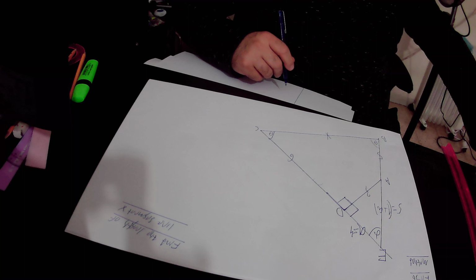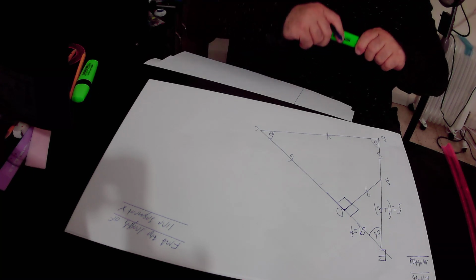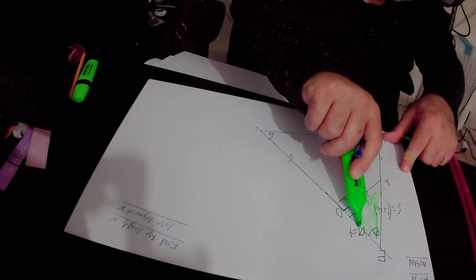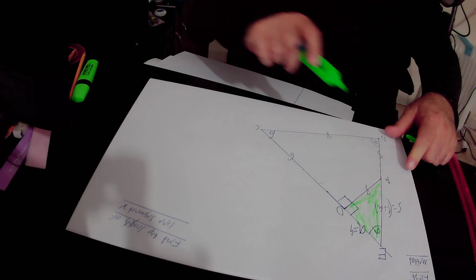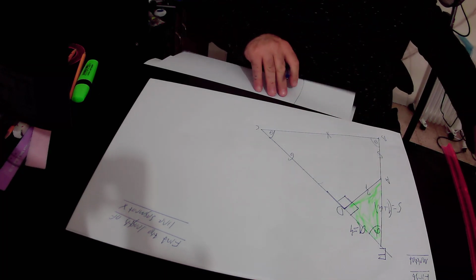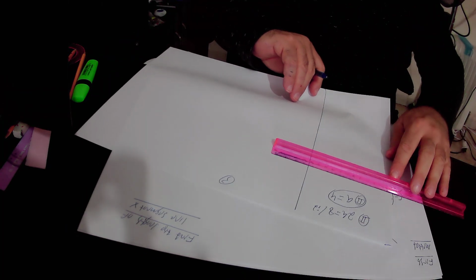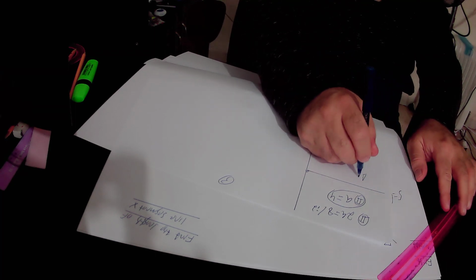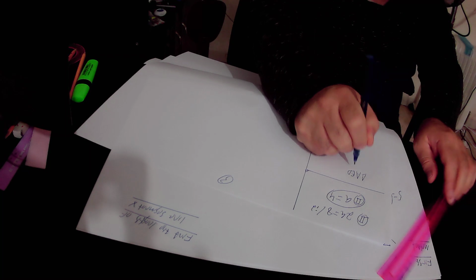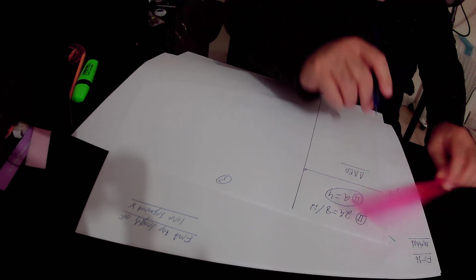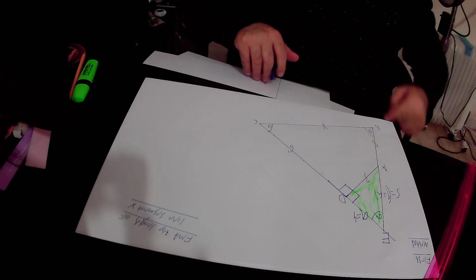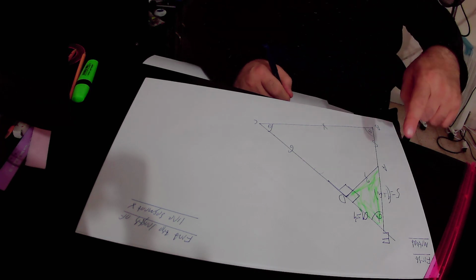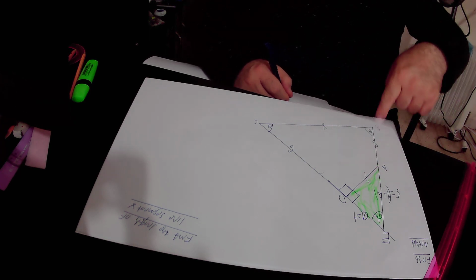So in the green right triangle AED, cosine alpha equals ED over EA.